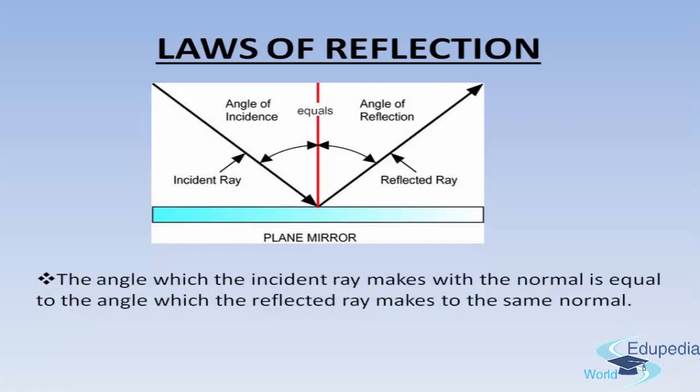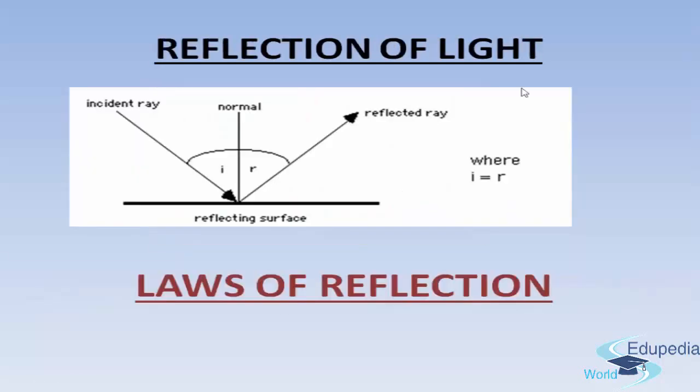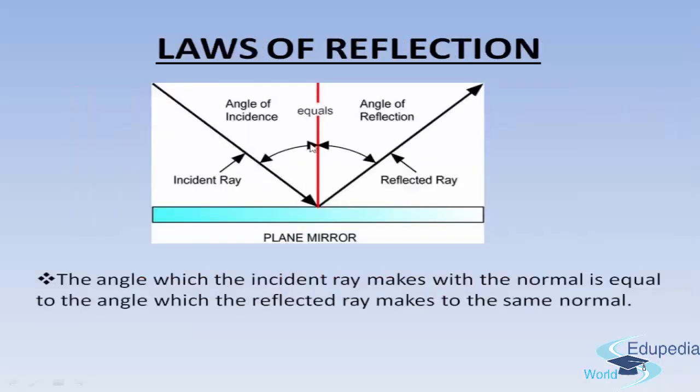Next, if they all lie in the same plane, then the angle made by the incident ray and the normal is known as the angle of incidence, and we represent this by writing a small i. So this angle of incidence will be equal to the angle of reflection.